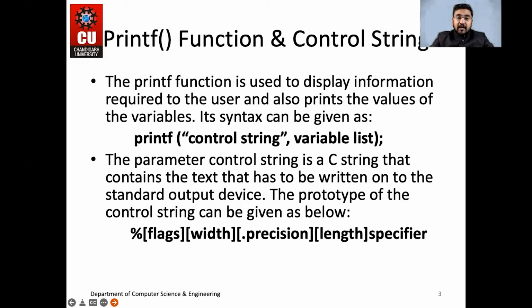For example, here the percentage sign and specifier must be specified, and the ones in square brackets such as flags, width, precision, and length are the optional ones. We'll learn about these more in depth one by one.